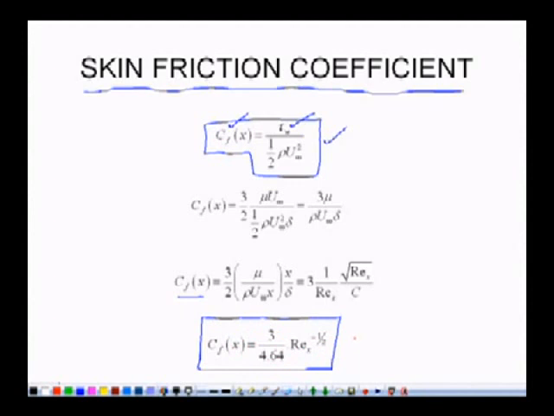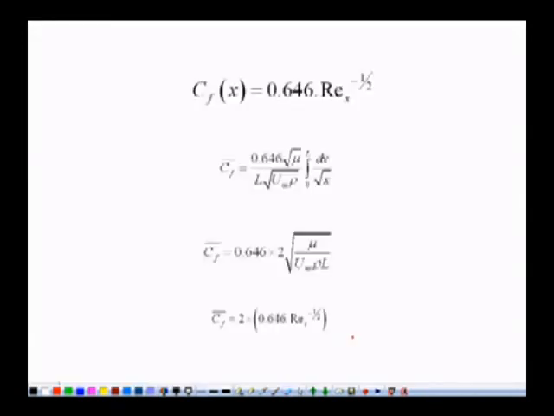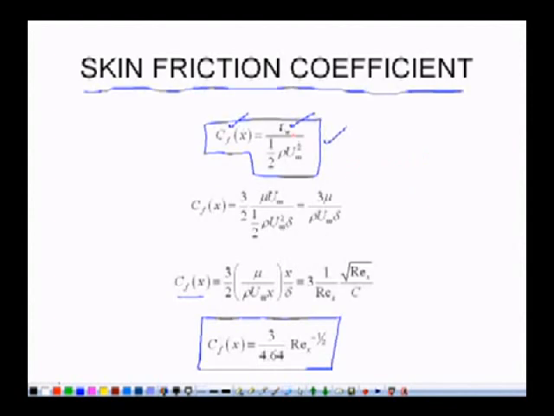This will give us only the local shear stress, but our aim is to find out the average shear stress. So how do we get average shear stress? Average skin friction is defined as Cf bar. This average skin friction coefficient is equal to tau average divided by 1 over 2 rho u infinity square.